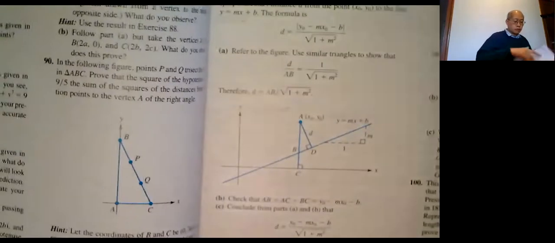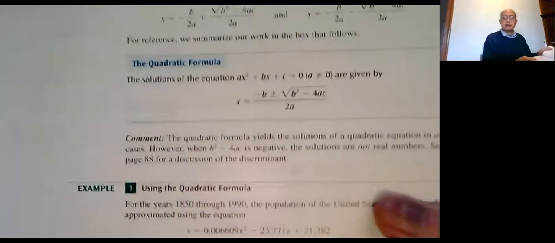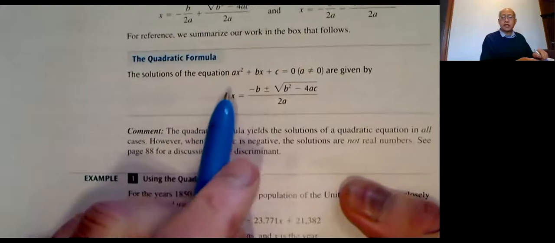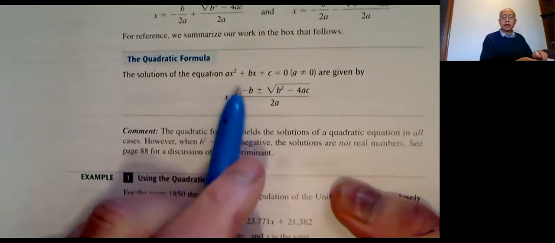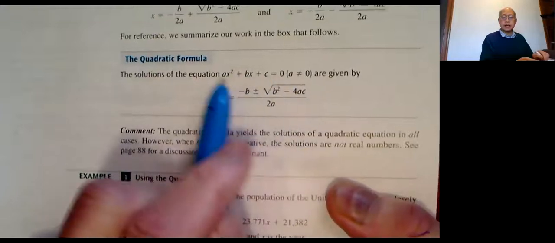So we're starting 2.1. Quadratic equations. Page 81, it looks like. The famous quadratic formula, page 83. If you have an equation in standard form, ax squared plus bx plus c equals 0, the equation must look like this.